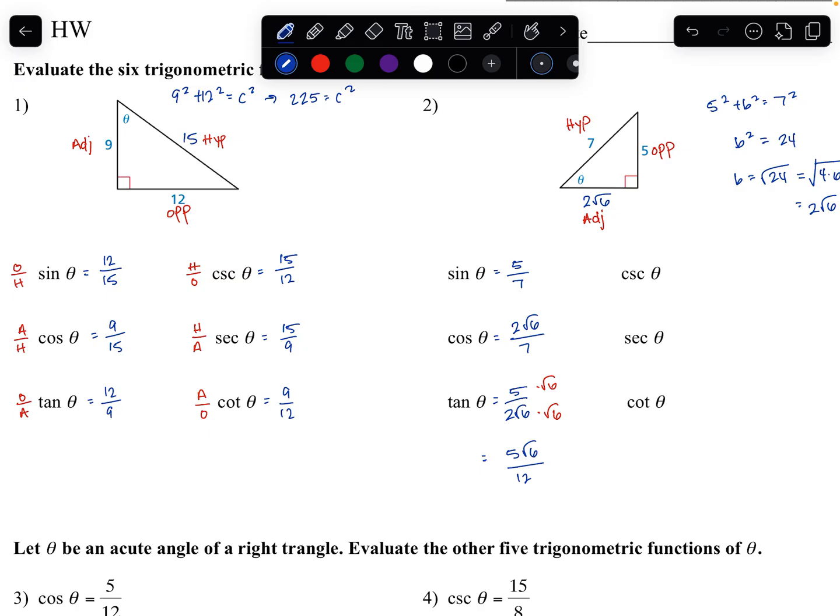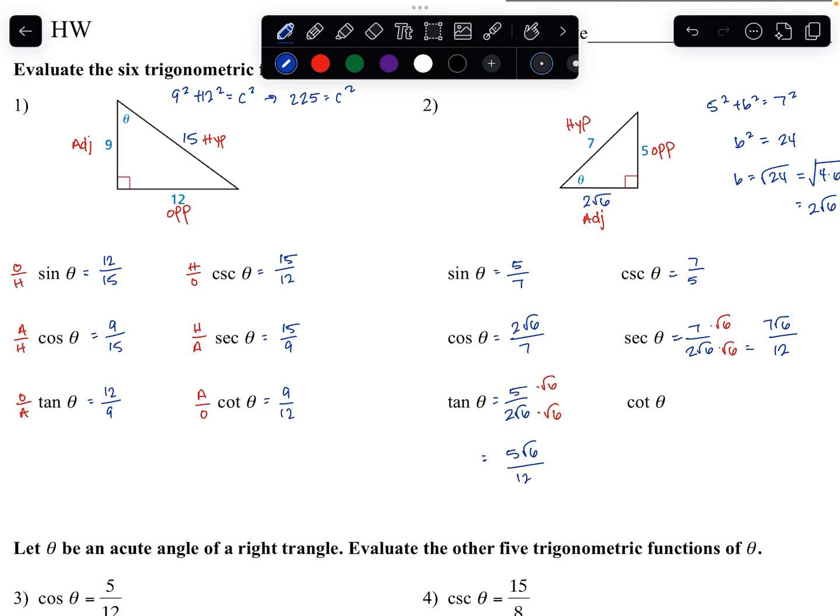All right, moving along, cosecant is reciprocal to sine, so it's going to be 7/5. Secant is going to be 7 over 2 root 6. However, we're going to multiply the top and bottom by root 6. And so that's going to be equal to 7 root 6 over 12.